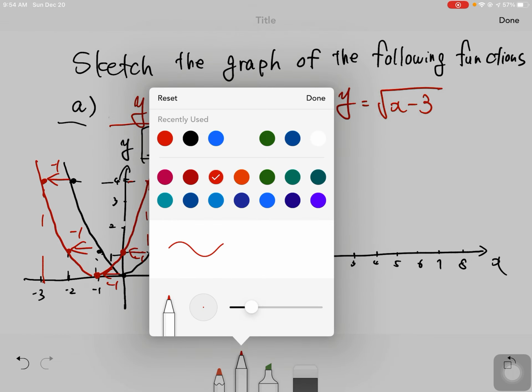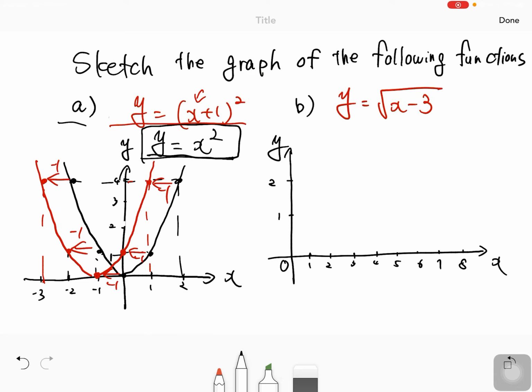So what I wanted to say, and why I found the y equals x squared graph, is that if you can draw the graph of y equals x squared, you can just shift the graph, then you can draw the graph of y equals (x plus 1) squared. But this time you have to be careful. If this number is positive, the graph shifts left. If it's negative, the graph shifts right.